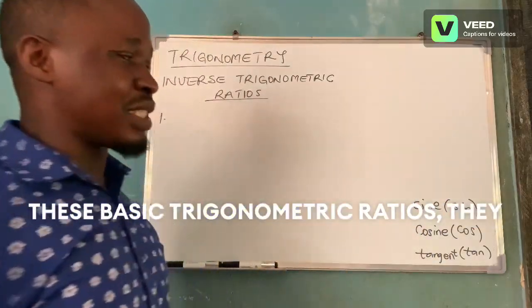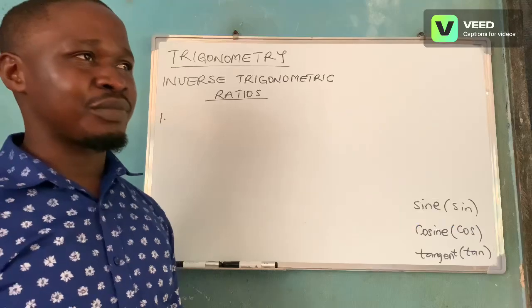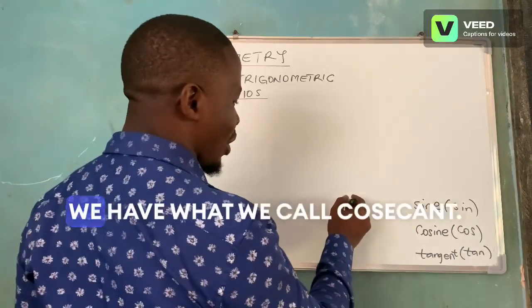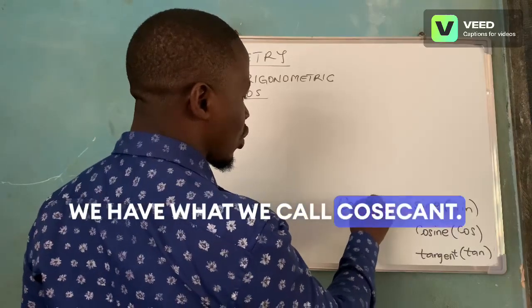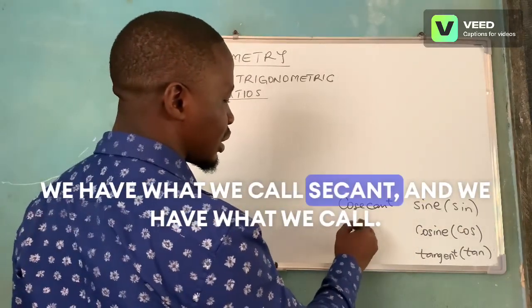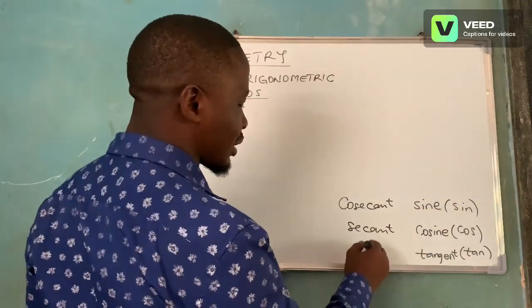These basic trigonometric ratios have respective inverse ratios. These inverse ratios are cosecant, secant, and cotangent.